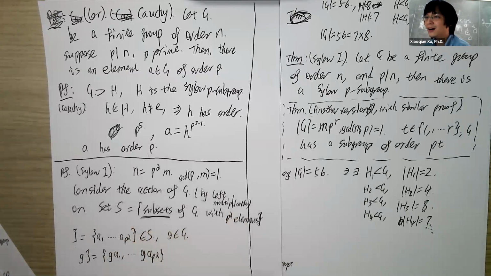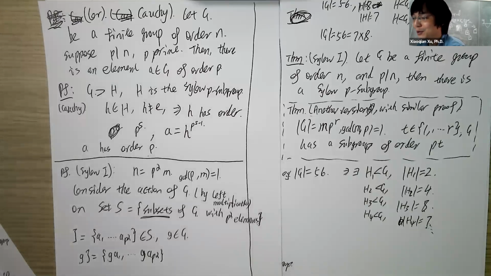Now what we do want is, by this kind of action, to find that some element in S is actually a subgroup instead of a subset, closed under the group operation. But eventually, we don't really prove that some element in S is a subgroup.